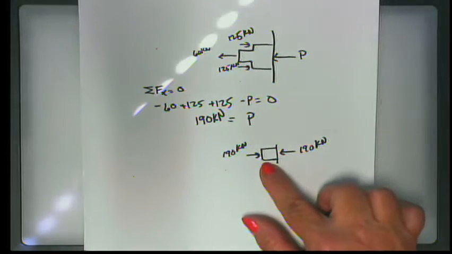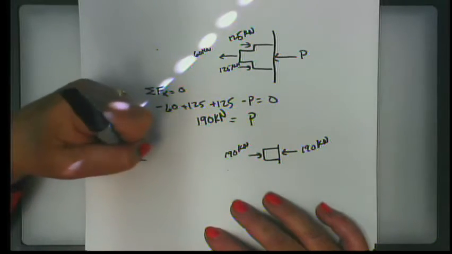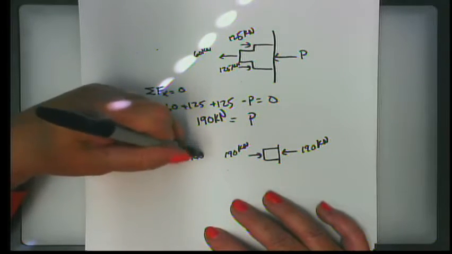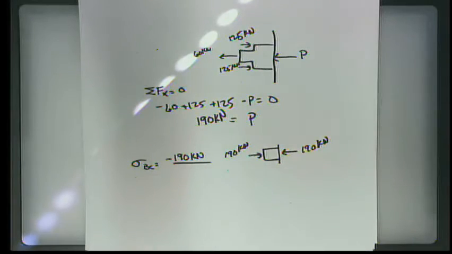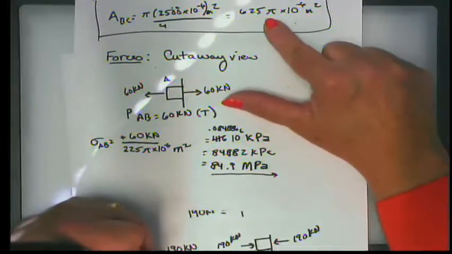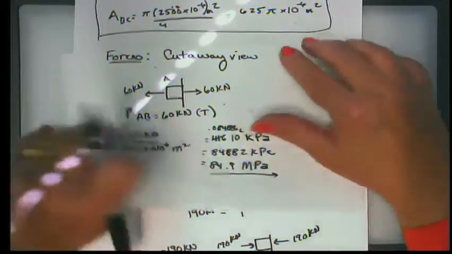So first of all, is BC in tension or in compression? It's being squished, right? So what is that? Compression. Very, very good. So sigma in BC is going to be negative 190 kilonewtons divided by the area of BC, which we calculated to be 625 pi times 10 to the minus 6 meters squared.